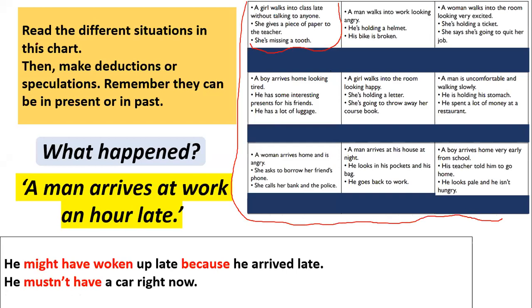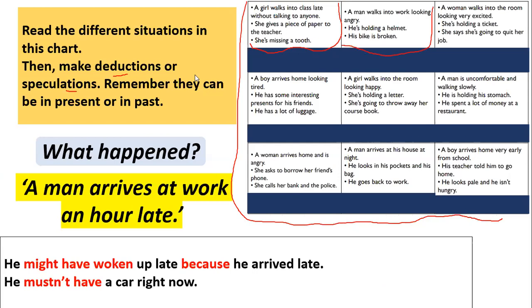Every box is a situation, and I want you to make deductions or speculations in present or in past, whatever you want to say. You have the examples that you gave me. I'm going to give you 7 minutes to practice with your classmates and make deductions or speculations.